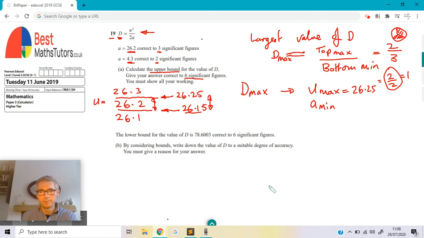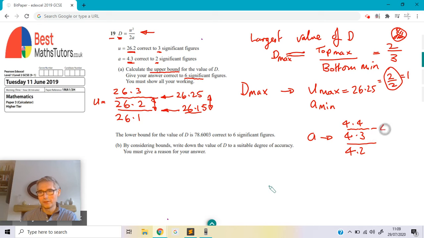So if we look at A, well, A's been given as 4.3 and we need A minimum. Well, the value just above that would be 4.4 and the value below it would be 4.2. So the boundary between the two values there is halfway between.